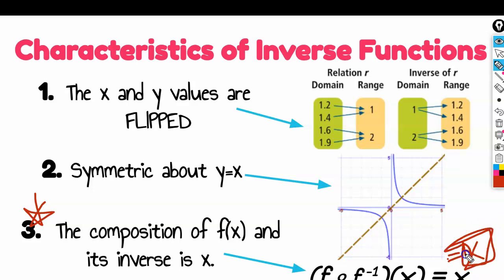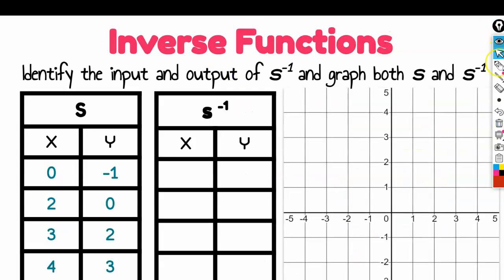Like, that's it. If everything turns out right, it equals x. So if you just see x at the end of a really long problem, that's a good thing. That means they're inverses. And you should write that down.